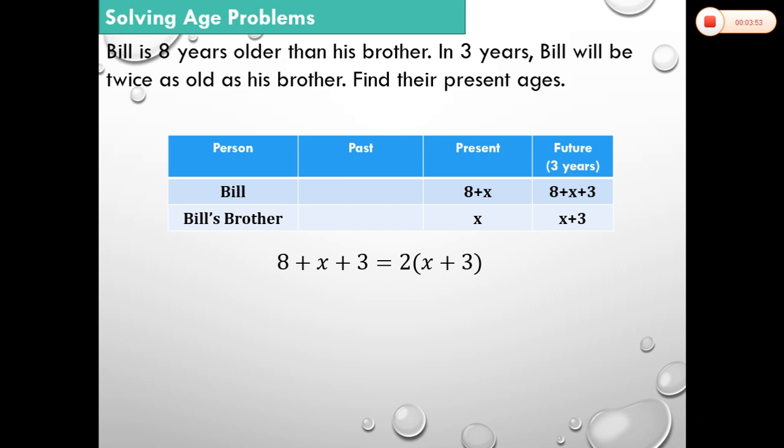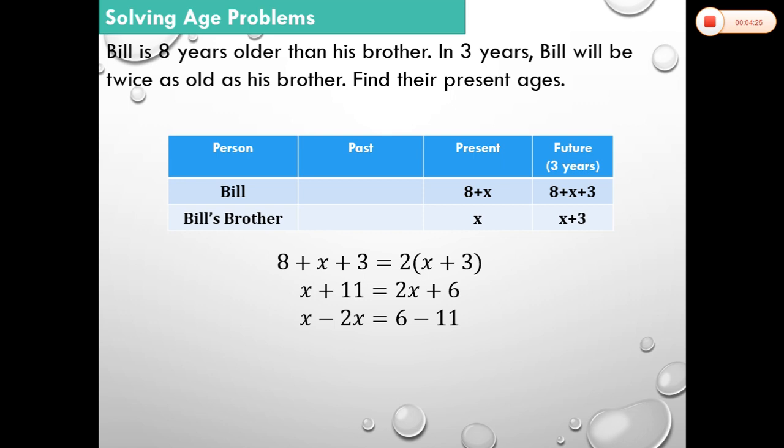The equation derived from the problem is that Bill is twice as old as his brother: 8 plus x plus 3, the age of Bill, is twice as old as his brother, 2 times x plus 3. By simplifying, the left-hand side becomes x plus 11 is equal to 2x plus 6.